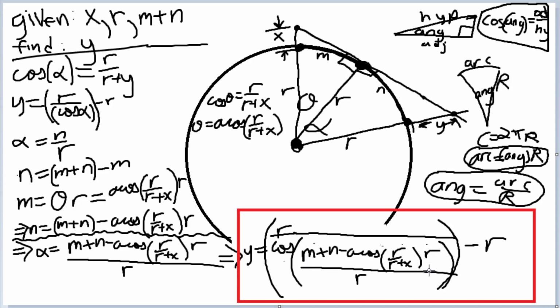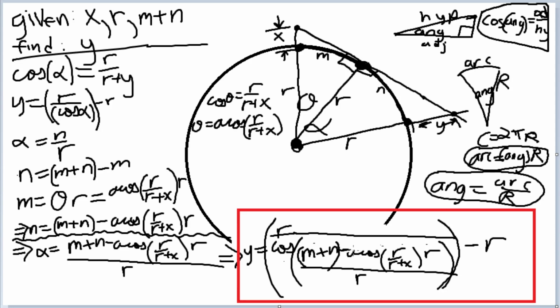Right, so let's go back to black. M plus n. What happened? I right-clicked by mistake. M plus n minus r cos. Right, so we know m plus n. I messed up that bracket.